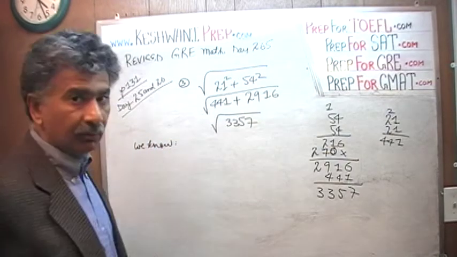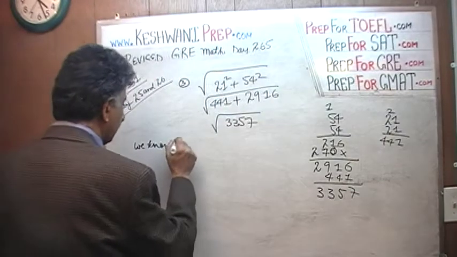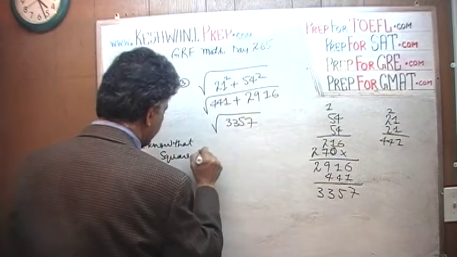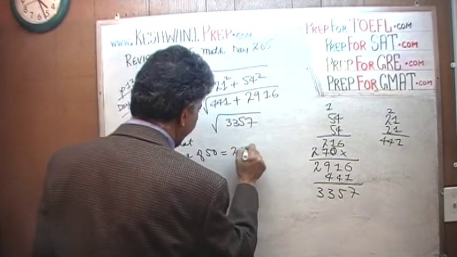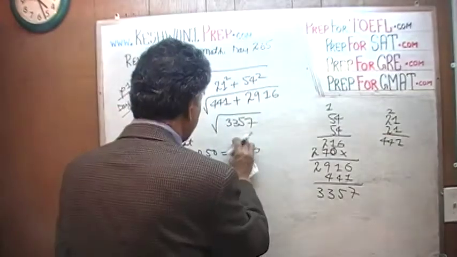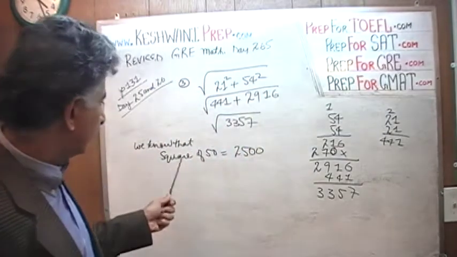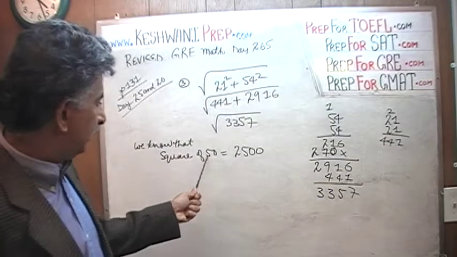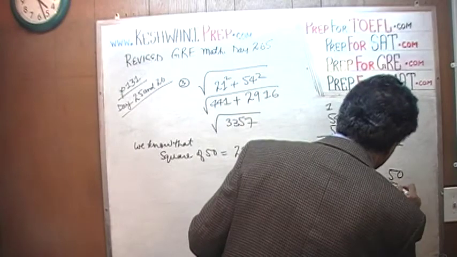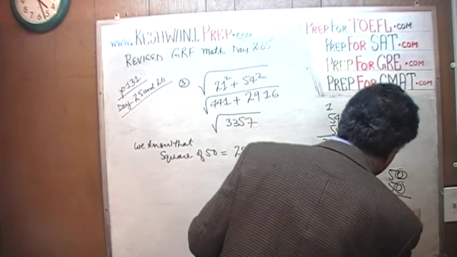Now we know, and if you don't know, that means you should know, that the square of 50 is 2500. These are some basic things that you have to know for the exams. The square of 50 is 2500. And how do we know that? It's very straightforward, because 5 squared is 25, and then we multiply 50 times 50, 5 times 5 is 25, and then we get the two zeros.